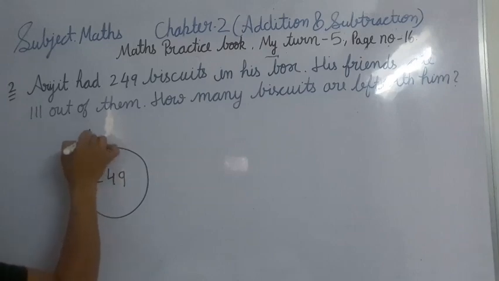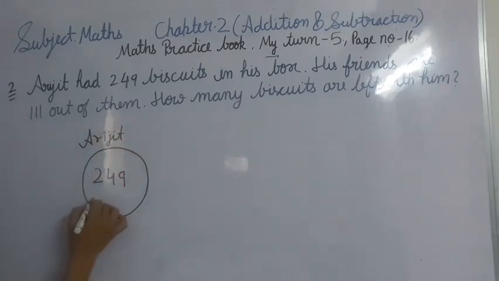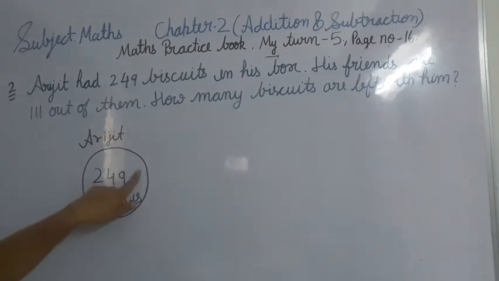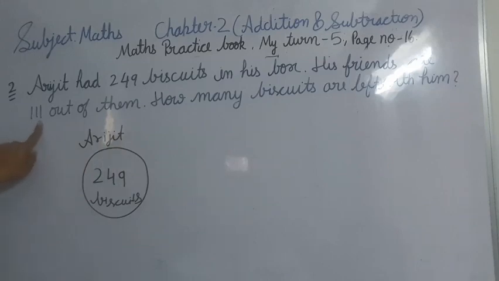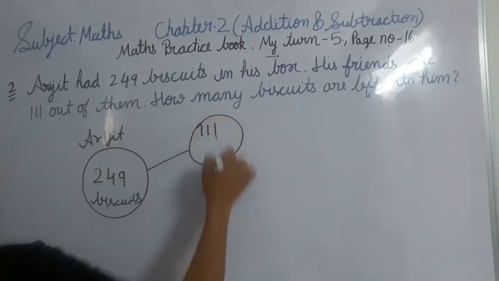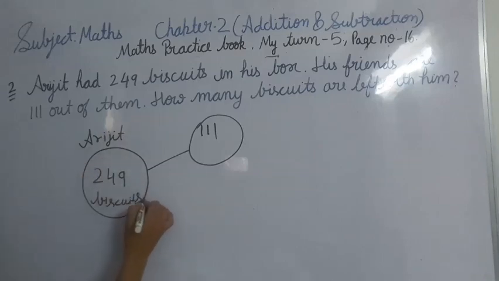Arijit has this much. And his friend ate 111 out of them, meaning if we take out 111 biscuits from it, how many biscuits are left with Arijit?